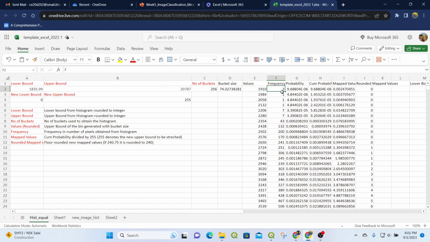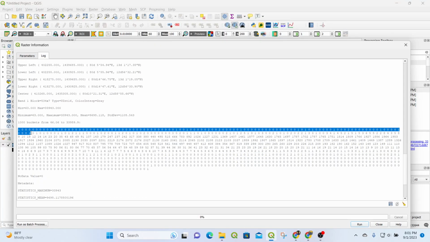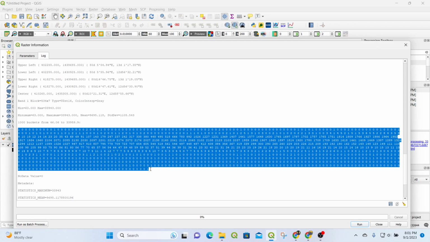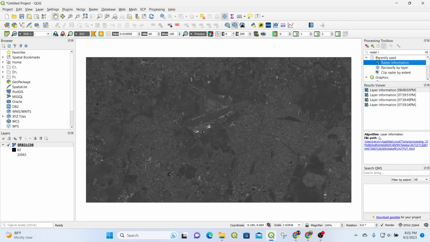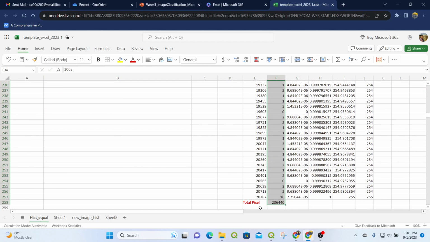And what we are doing is we are finding out this data we will get from the QGIS raster information. So this is the frequency. So this data, this is the frequency that we copy paste, and then we need to find out the summation of that.